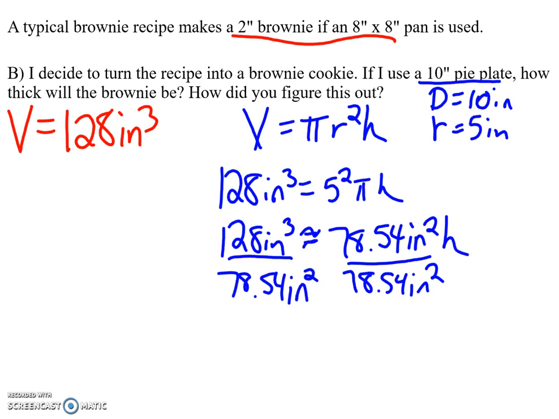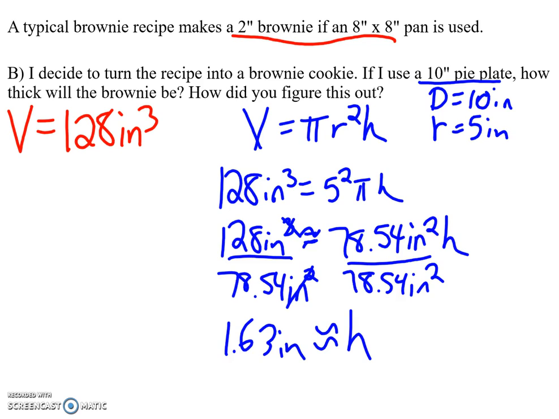And again here, inches squared will take out 2 of the 3 and leave me just with inches. And I'll find that my height, in this case, is approximately 1 and 63/100 inches. So it's a little bit thicker than when I use the 13 by 9.